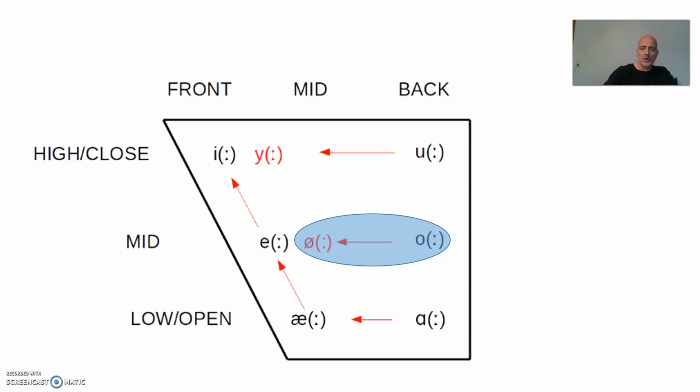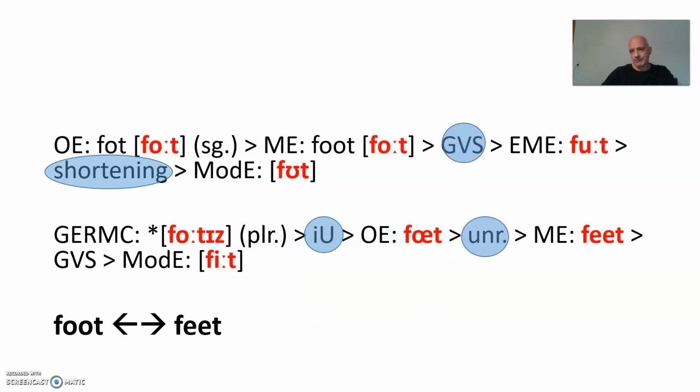Foot today was a long vowel in Old English. Fot, in the singular, no problem here. Fot, in Middle English still long, and this goes into the great vowel shift, becomes foot, and this is what we still spell today, double O spelling.